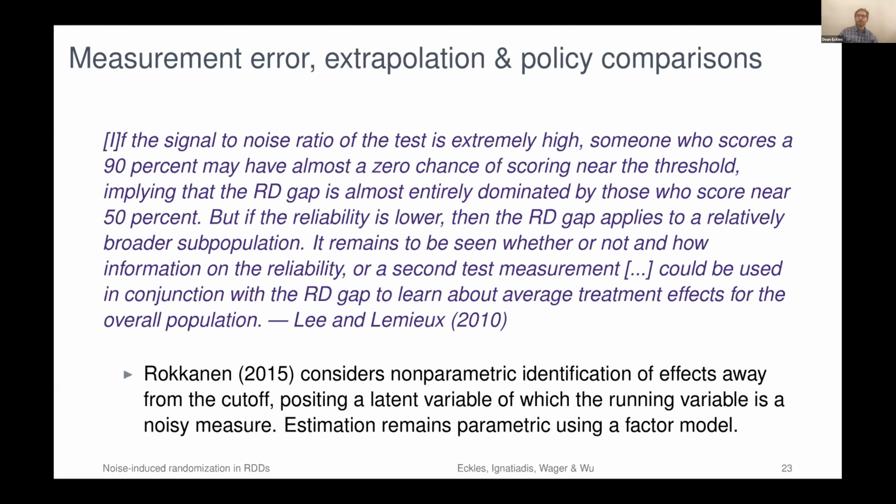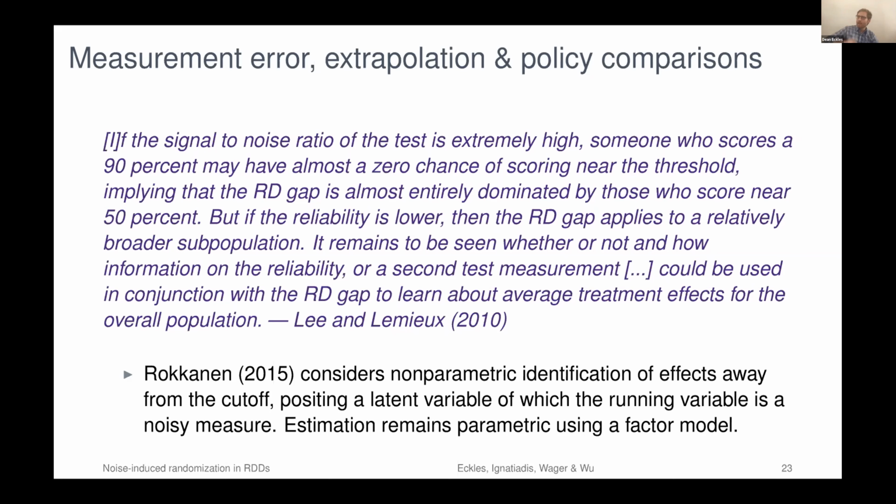If the signal to noise ratio of the test is extremely high, someone who scores 90% has effectively a 0 chance of scoring near the threshold. In that case, the RD gap is really not informative about them, right? When we're computing this difference right at the discontinuity, it's not averaging over people who are going to score 90%. On the other hand, if the reliability is much lower, then this gap that we observe at the discontinuity might be averaging over a much broader set of types of units.